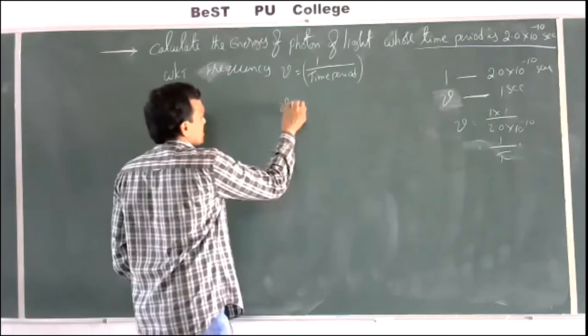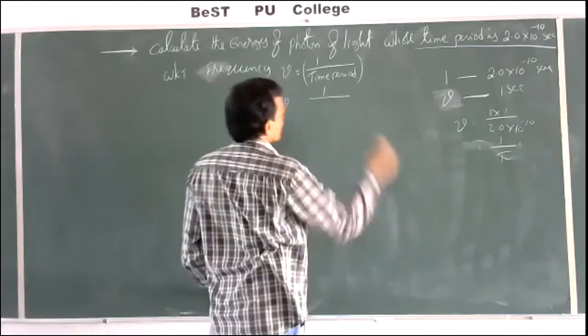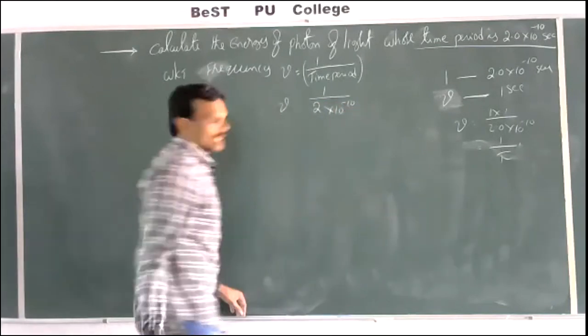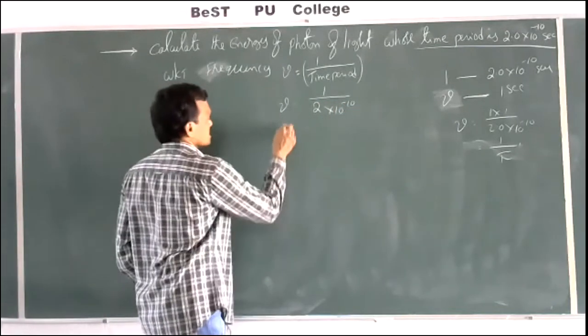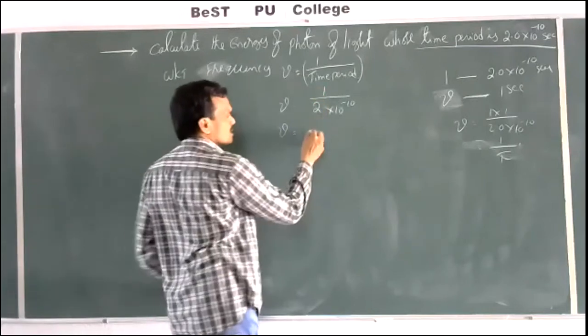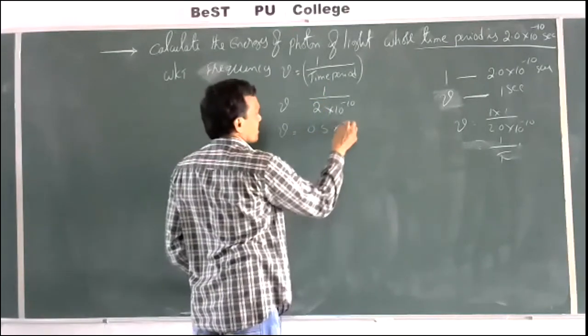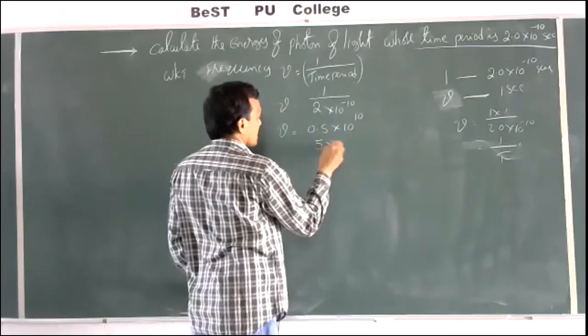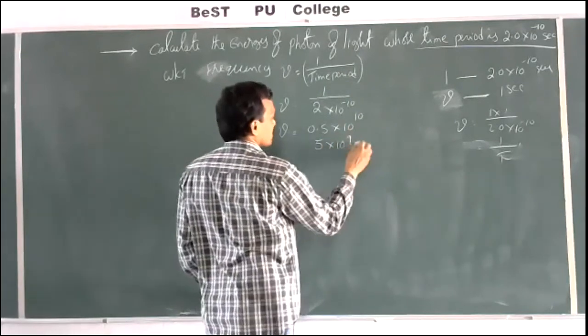Then what is frequency now? Nu is equal to 1 by time period, which is 2 into 10 power minus 10. Then nu is equal to 1 by 2, which is 0.5, into 10 power 10. So this is equal to 5 into 10 power 9 hertz.